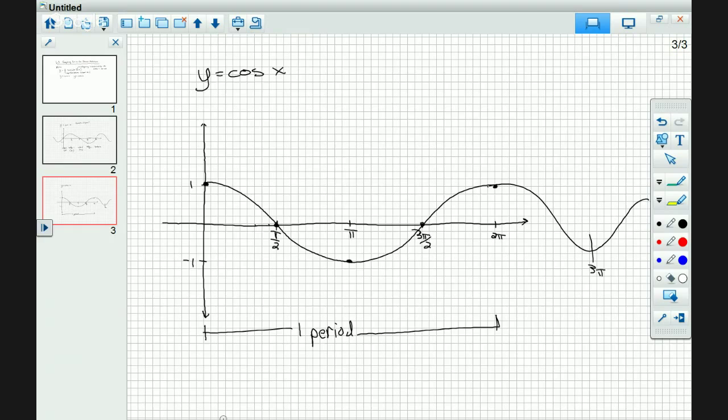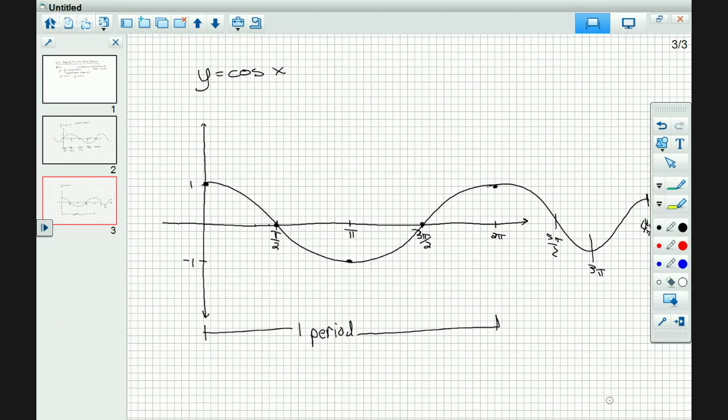It might say, graph cosine from pi over 2 to 5 pi over 2. So you just have to figure out what part of the function you're working with and take that chunk out. From 0 to 4 pi, so 4 pi would be out here.